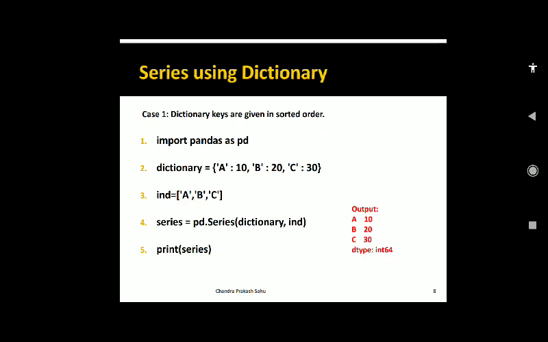Here the first element of the list is matching with the key A, that is the first key value pair of the dictionary. The second element B is matching with the second key value pair of the dictionary. So here the values are taken from the dictionary while the index is taken from the list at line number 3.